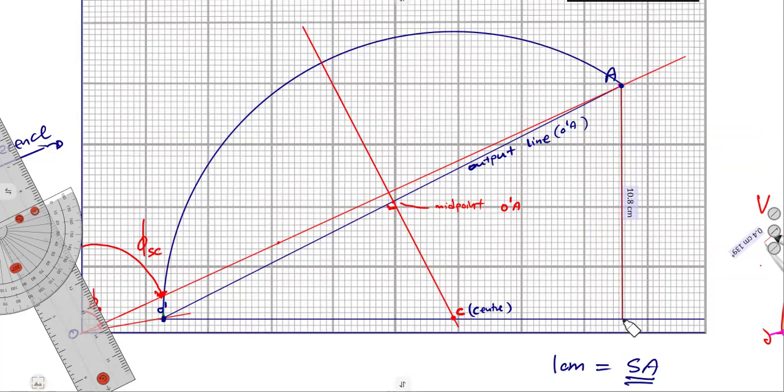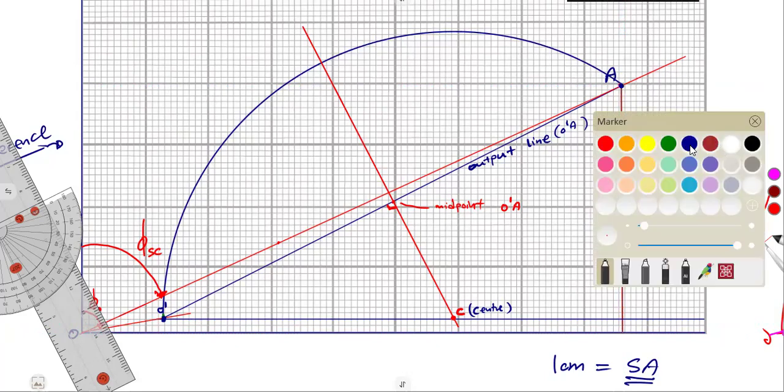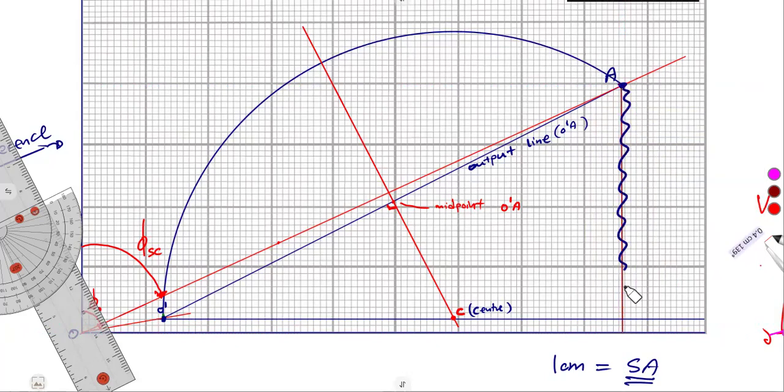It must be at 90 degrees like that. As this line goes, it is supposed to reach the origin, the ground. Let's take this one to the ground. This line that we have from A to the ground is A to G.